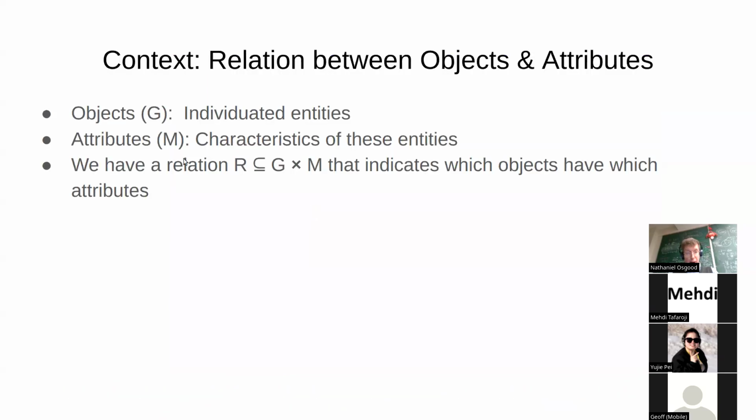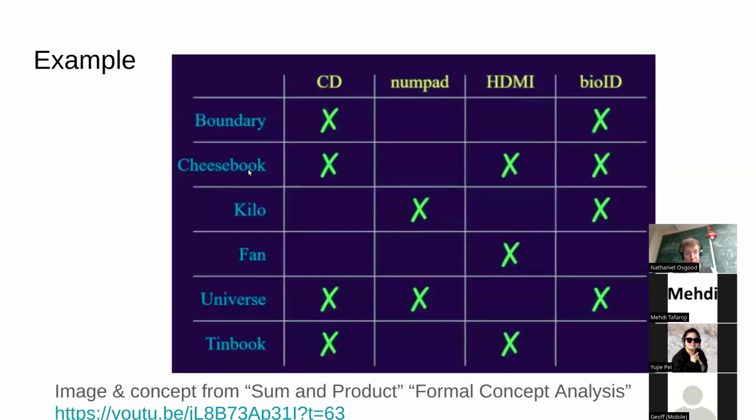But if our A is instead these three, Boundary, Cheese Book, and Tin Book, the set of attributes in common between all three is just this one, CD, right? Because the Tin Book doesn't have a BioID.